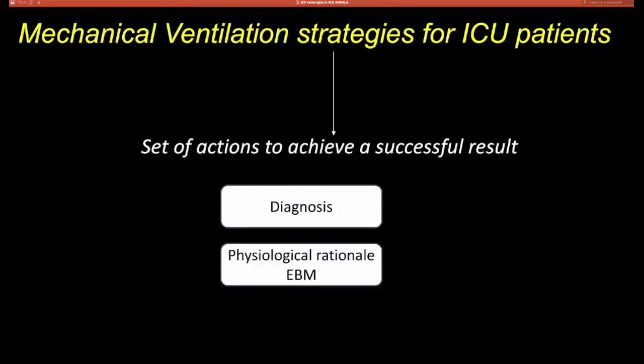Then you look at what are the physiological rationale. Why I have put it above evidence-based medicine is because a lot of gray areas are there in mechanical ventilation in ICU patients. So a good physiological rationale leads to a lot of reasoning and a good care.